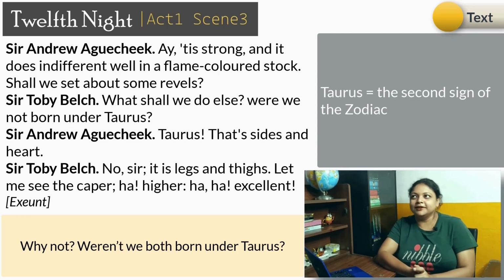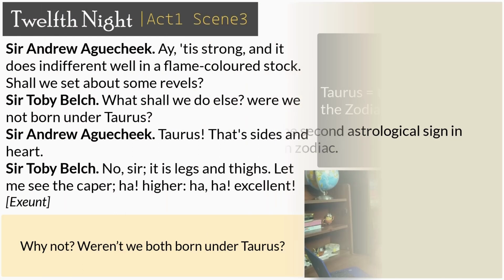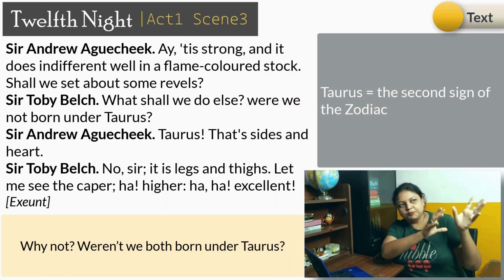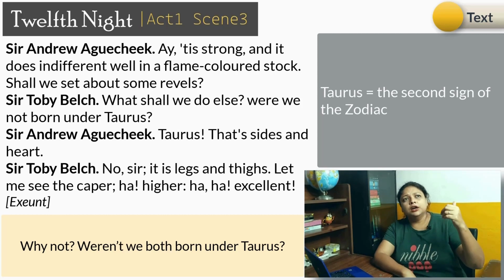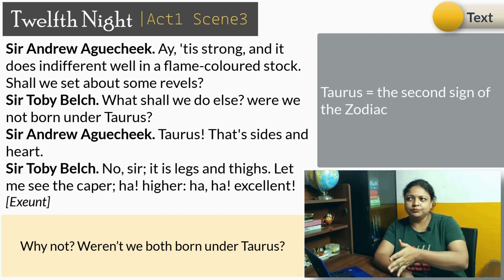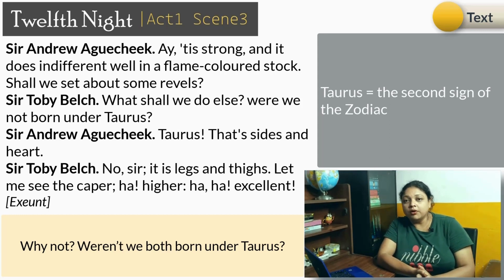Now Taurus is a zodiac, which is the second zodiac. After Aries, we have Taurus. The sun's position determines the birth of an individual during the month of late April to late May. That span belongs to the zodiac of Taurus.